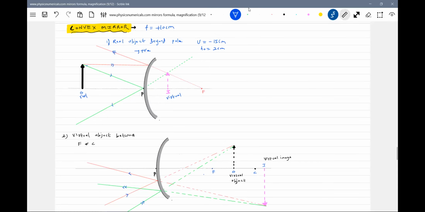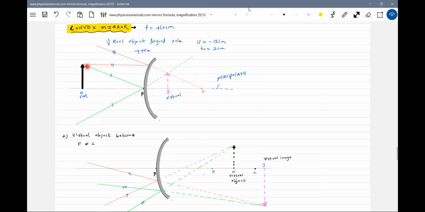Okay, let's go to our formula. An incident ray parallel to the principal axis, after reflection, should diverge from the focus. Where is the principal axis? This is the principal axis, or some books call it the optic axis, or only axis.